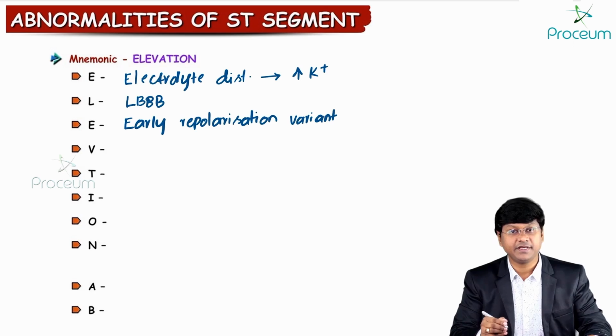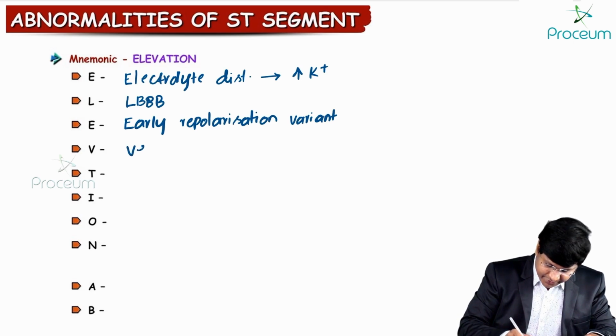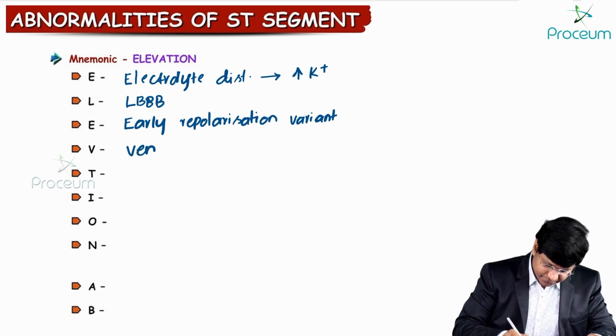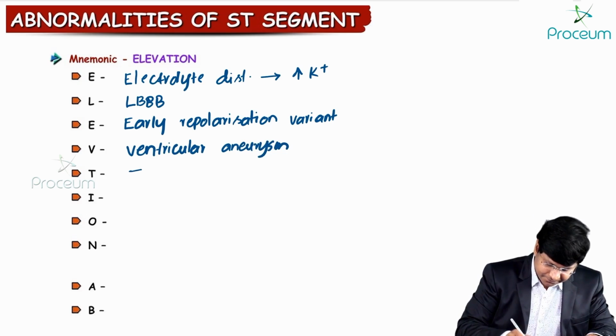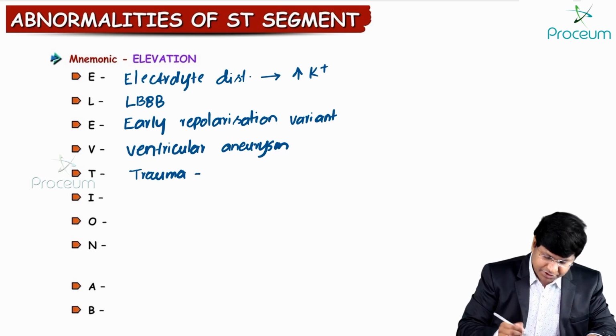Next, you take the word V, which stands for ventricular aneurysm. And the word T stands for trauma. So which particular trauma?